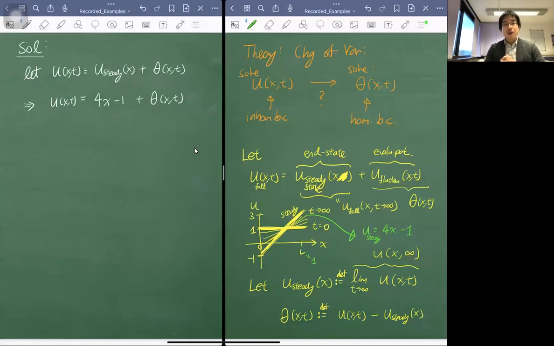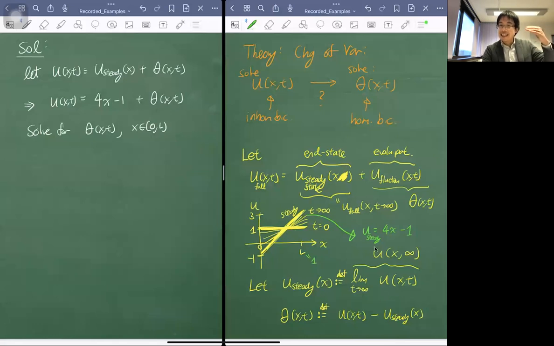Okay, so now our target function is changed. So we want to solve for theta of x, t first. And what is the domain of validity? Well, the domain is the same, because theta captures the difference between the full solution and the steady state.